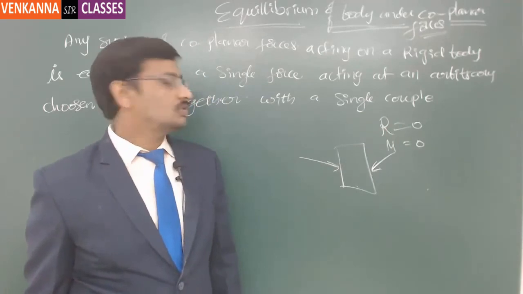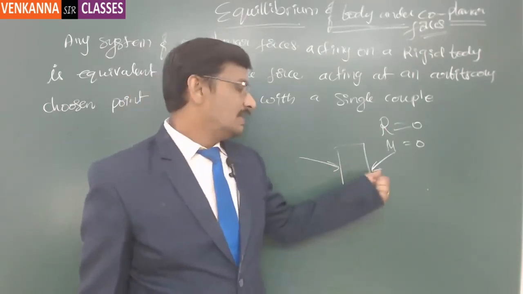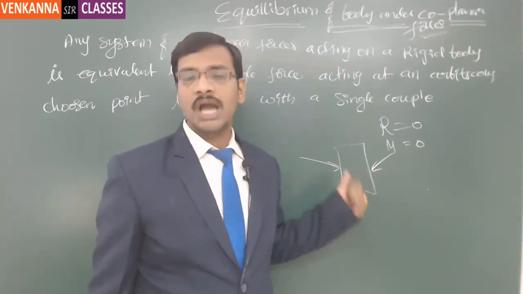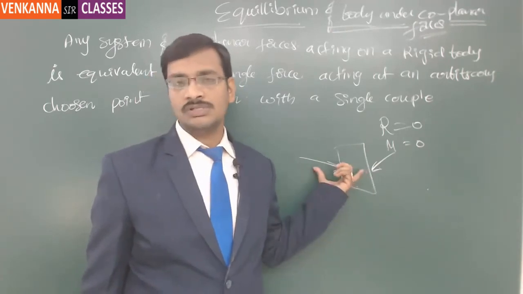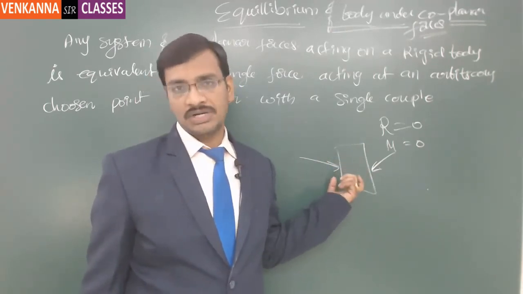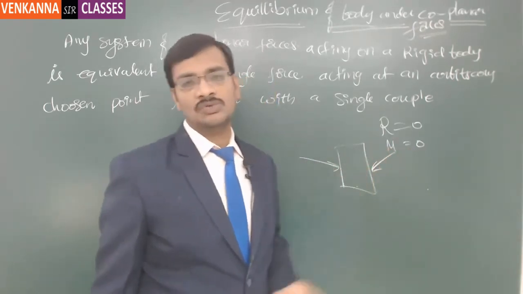Now if there are multiple coplanar forces, then for each and every force we have to assure the equilibrium condition, right? So if there are two forces, there might be a chance that there can be a rotational force. Then we have to assure that M is equal to 0. Now which two forces will you take out of all?